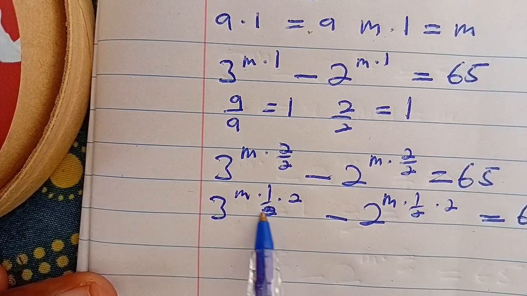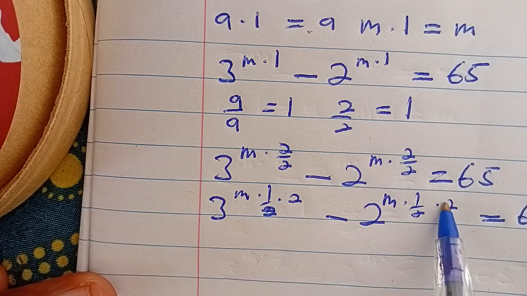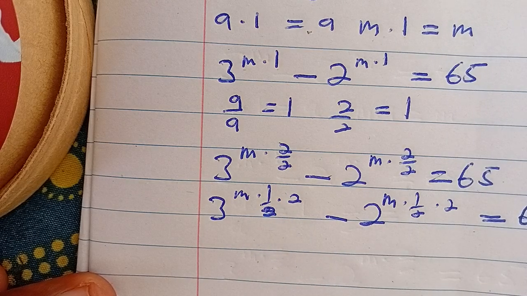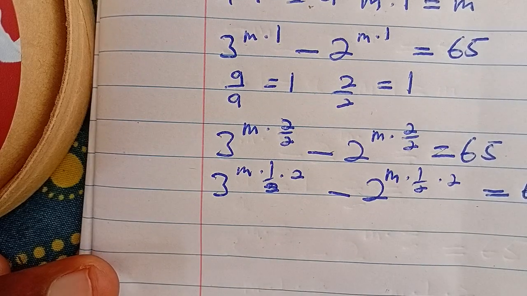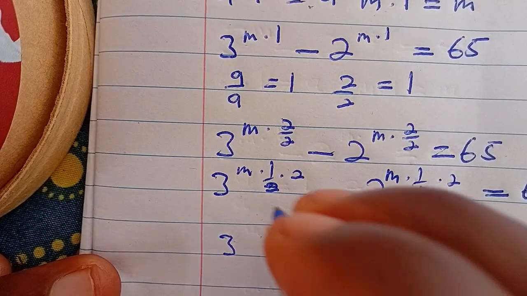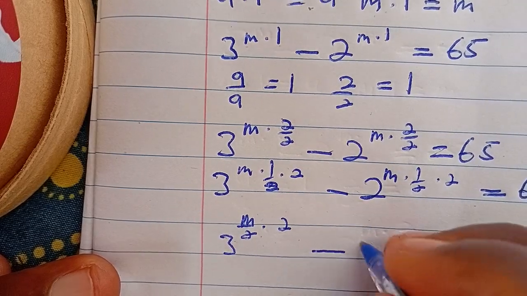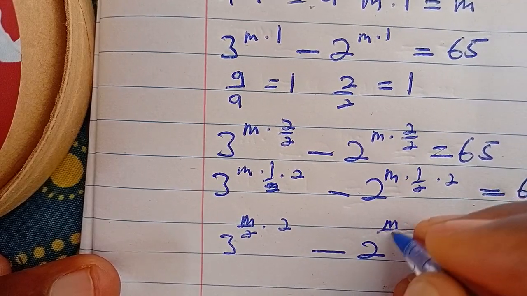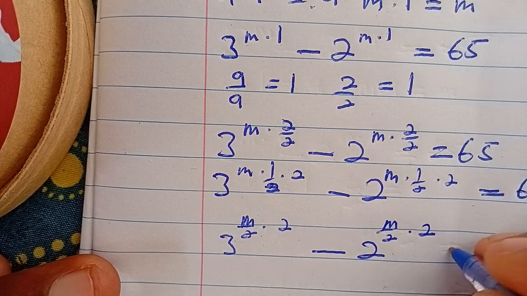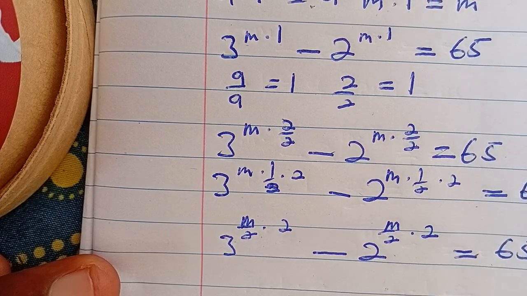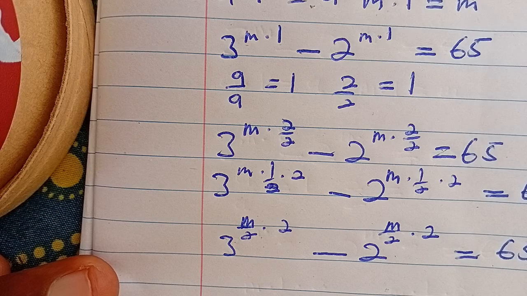These are exponents. So our equation becomes 3 exponent m over 2 by 2 minus 2 exponent m over 2 by 2 is equal to 65. So this is what we have.